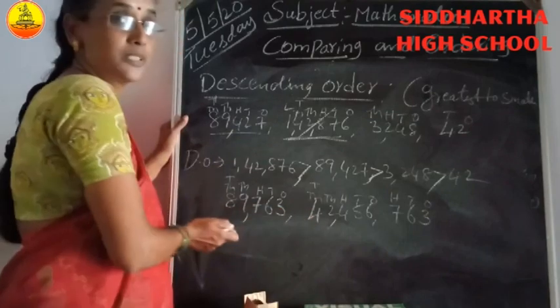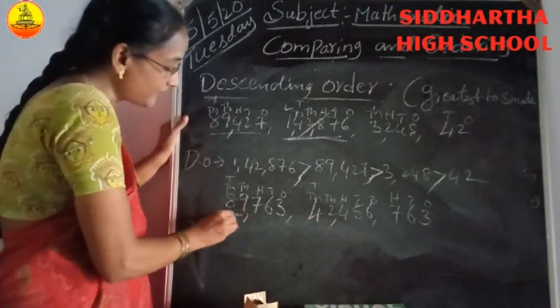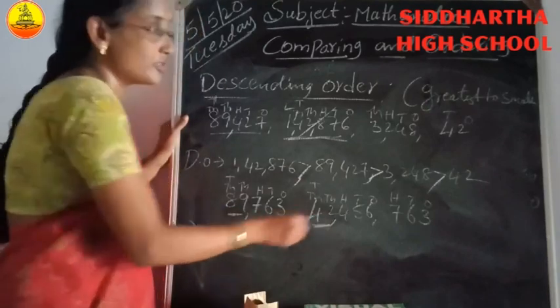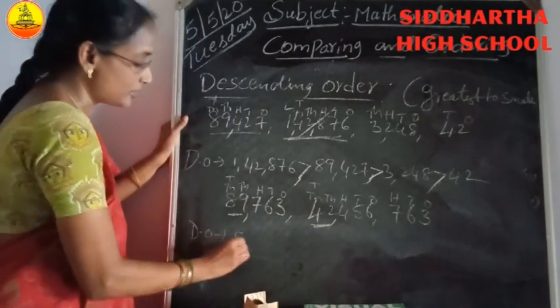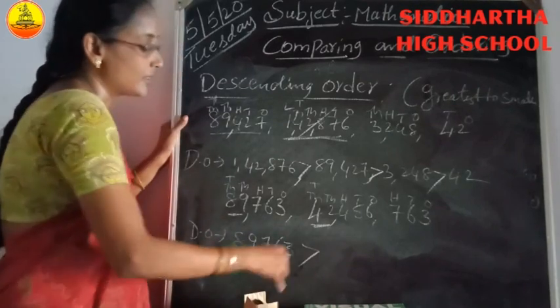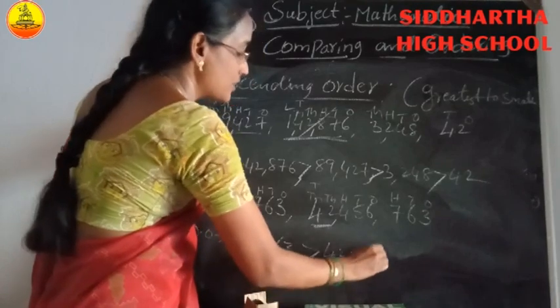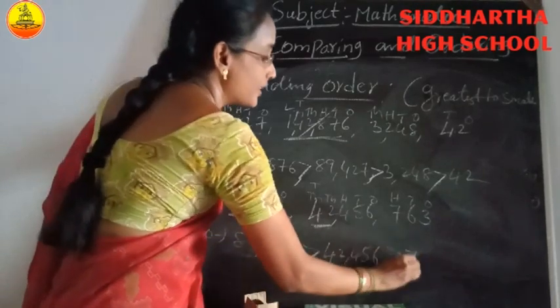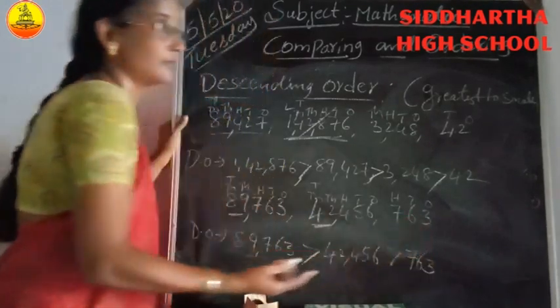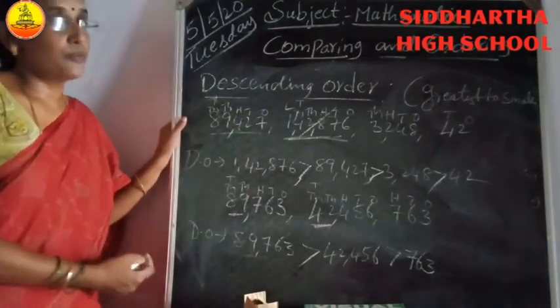This and this have the same number of digits, so compare 89,000 and 42,000. Which is big? 89,000 is big. 89,763 is greater than 42,456. The last one is 763. Otherwise, children, you can use the tabular column also. You can solve these problems.